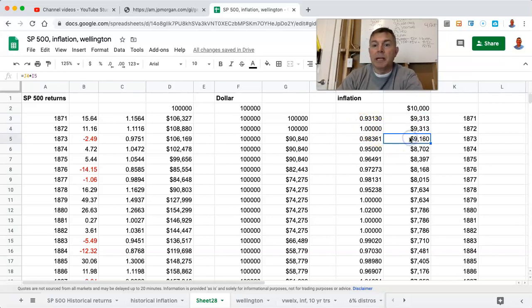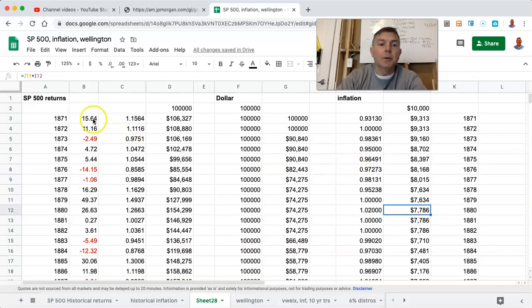The third year, we needed $9,160. The fourth year, we needed $8,702 because we had significant deflation in those years: 7%, 2%, 5%, 4.5%, 3%. So by the time 10 years goes around, our $10,000 annual withdrawal was $7,786.